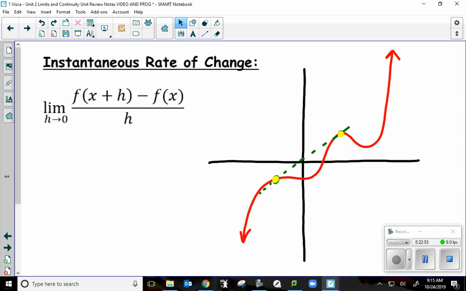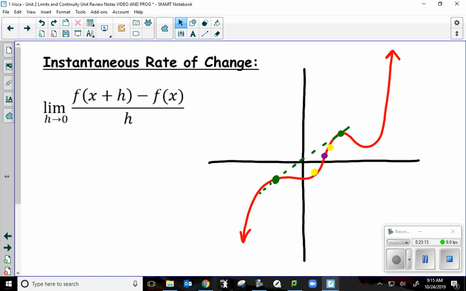The instantaneous rate of change is the change at 1 point. So if I do this at this point, let's say right here, in purple, that point. What I'm going to be doing is taking the average there, and moving these 2 points closer and closer together.